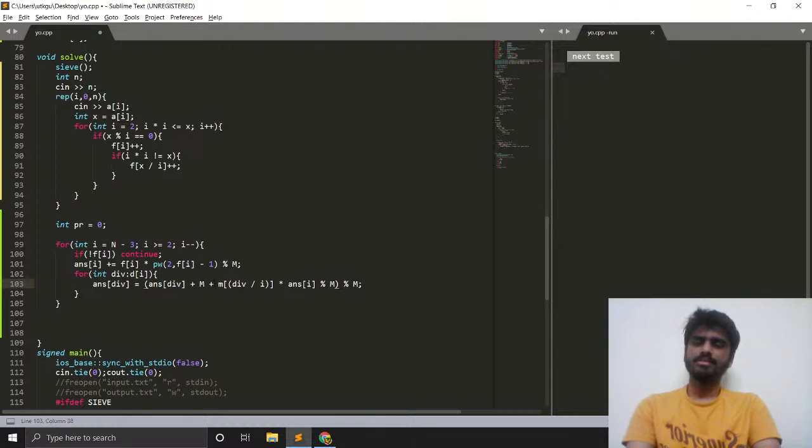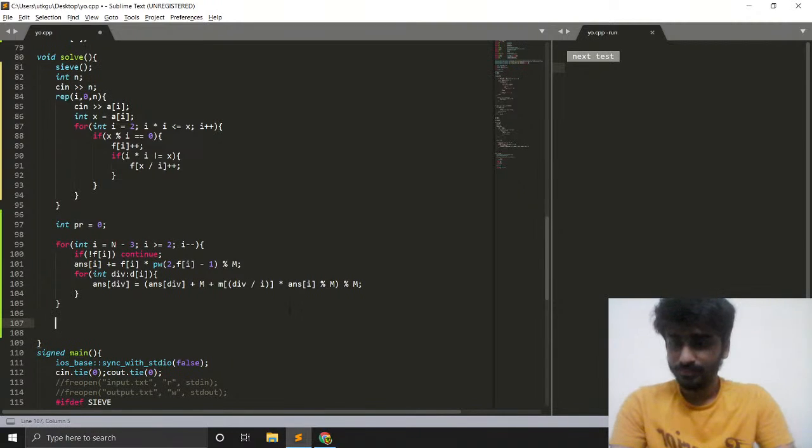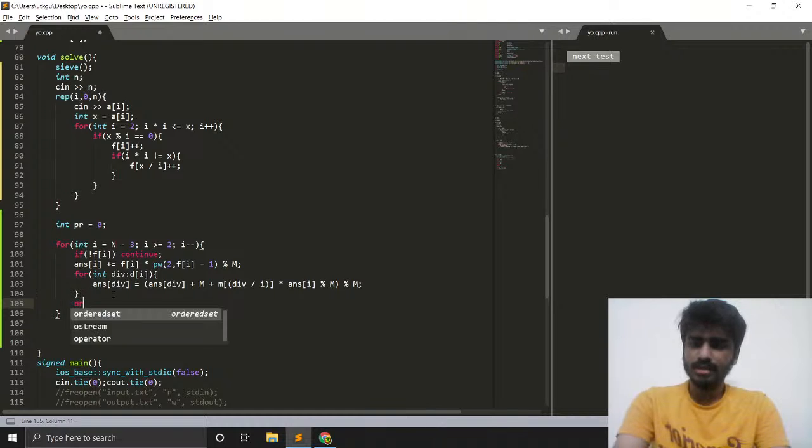I'm doing this because if this is negative, then it can cause some trouble. So I'm going to add a mod. What do I add to PR?